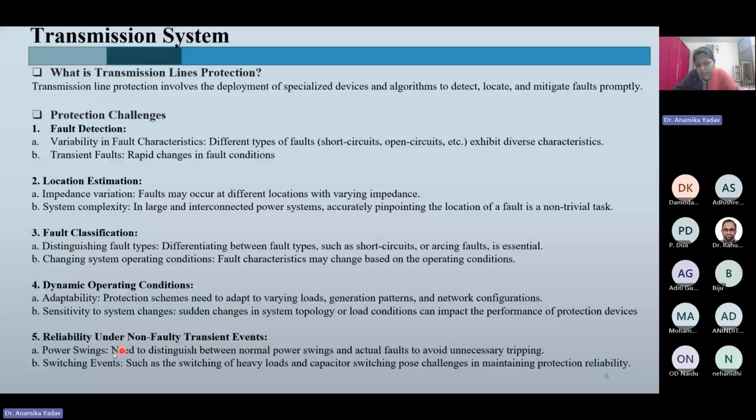And switching events, like when you switch heavy loads, or when capacitor banks or reactor banks are switched in or out, may pose protection challenges. The reliability of the protection scheme is to be maintained under these non-faulty transient events.